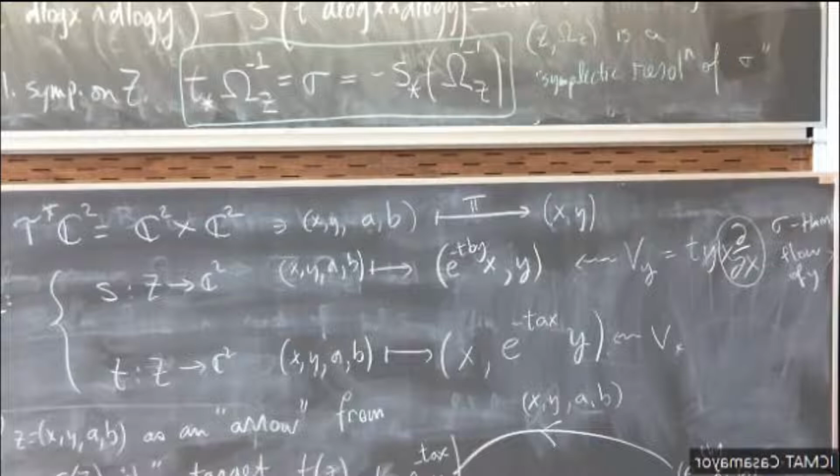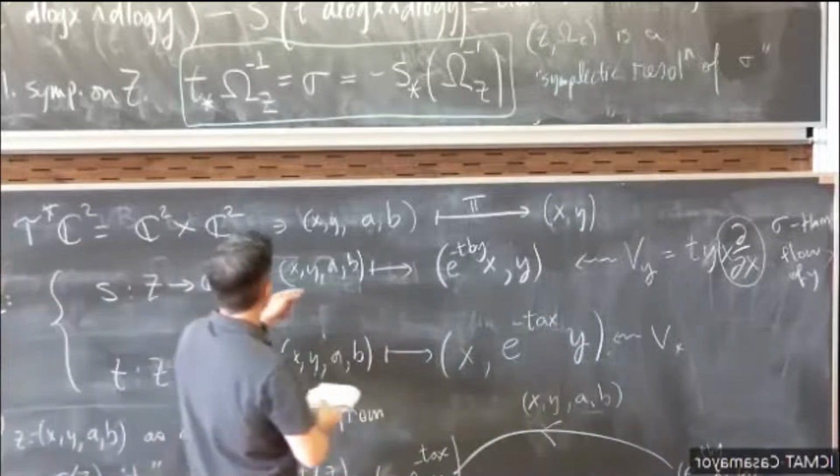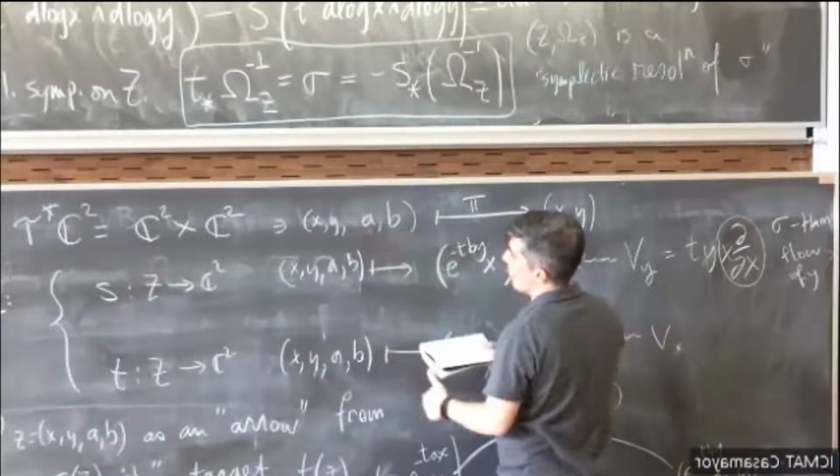So you could think that there's a composition law here, right? First of all, there's an embedding of the base as identity arrows, and those are when you take A and B to be 0.